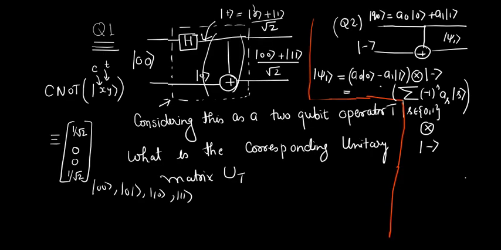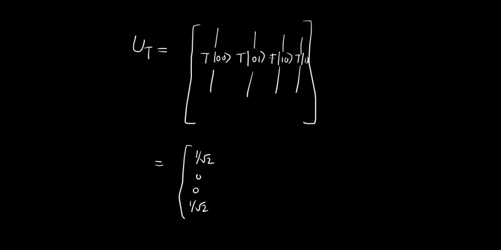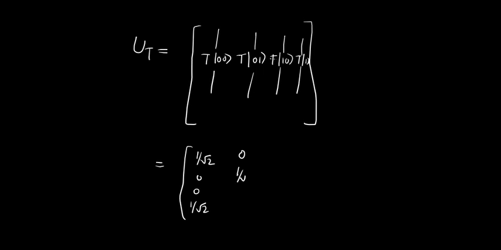So if you pass 01, what would happen? We will get 01 plus 10, right? So 01 and 10, with amplitude 1 by root 2 and 1 by root 2.